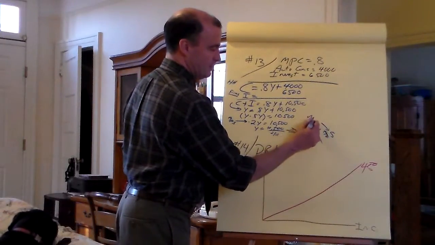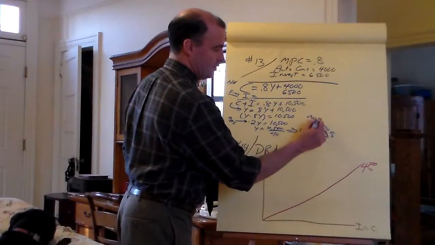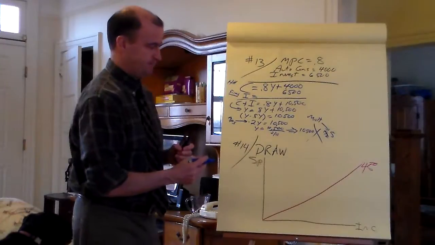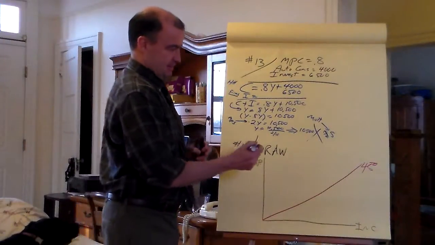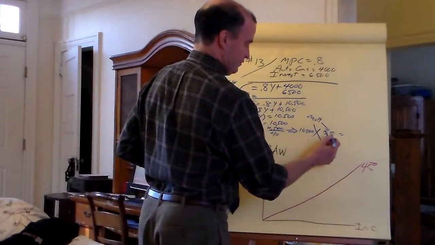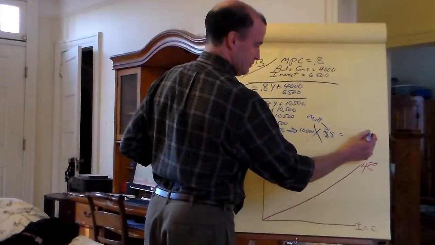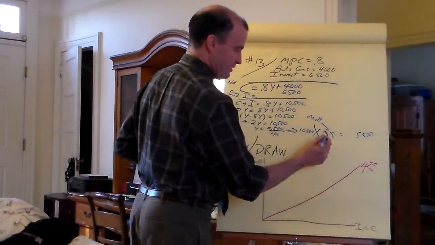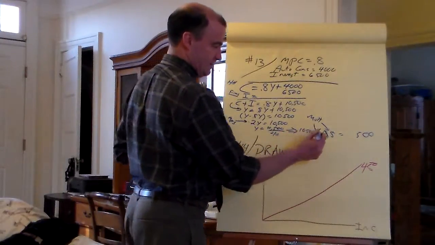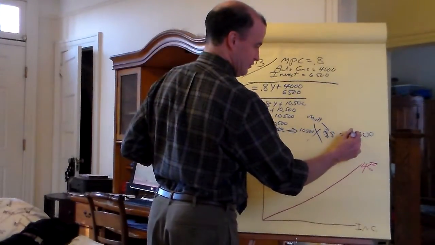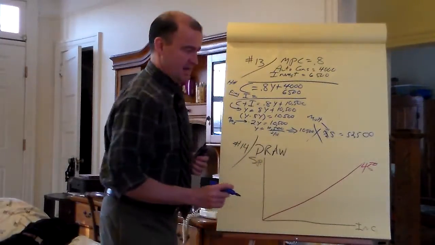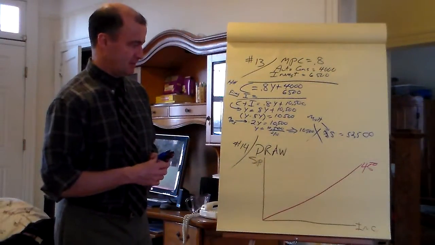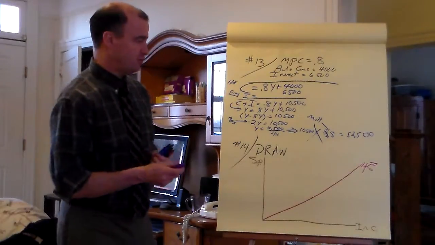And there you have it. There's the multiplier whenever the MPC is 0.8. 10,500 times 5: 5 times 5 is 25, carry 2, 5 times 10 is 50, carry 2. I'm getting 52,500.